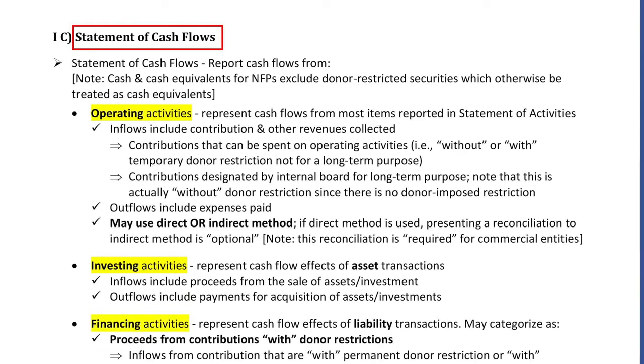Now, under operating activities, you may use the direct or indirect method. Underline, if direct method is used, presenting a reconciliation to the indirect method is optional. Now note that this reconciliation is required for commercial entities but is optional for not-for-profit entities.